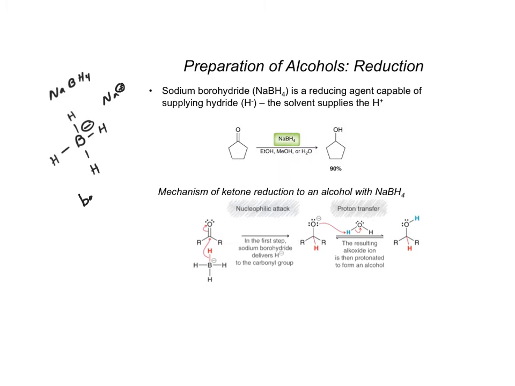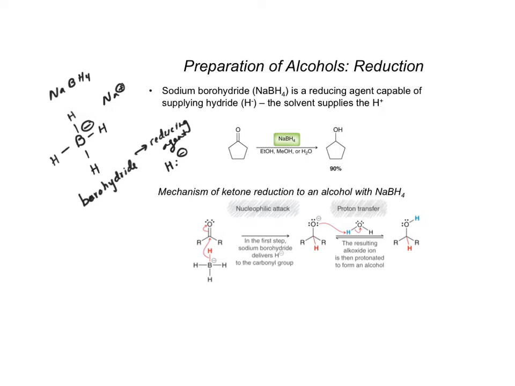So this is actually the real player in this overall reaction, and this is essentially what we would call our reducing agent here. Because again, if you need to reduce something to something else, then you need a reducing agent. And the real reducing agent ends up actually being the hydride that's present on the borohydride.